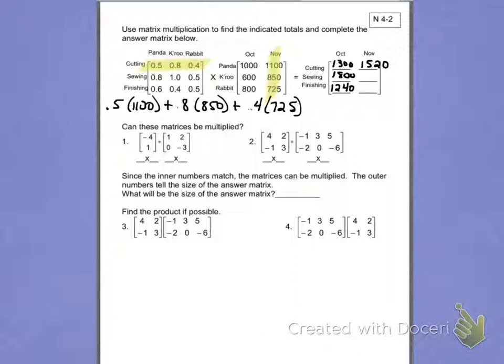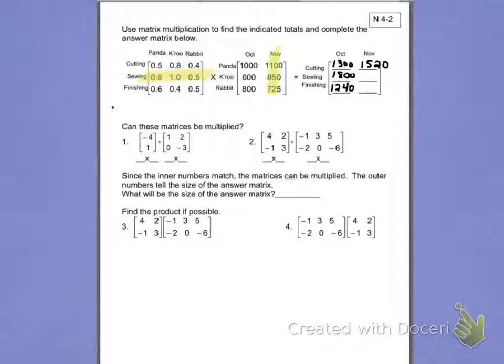Now let's go and do the sewing in November. So let's erase. Okay. We want the sewing now in November. So now we're going to do the middle row times the last column.